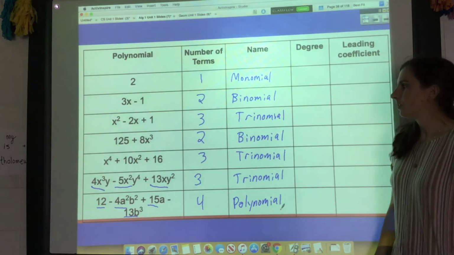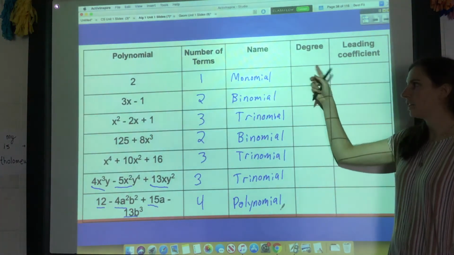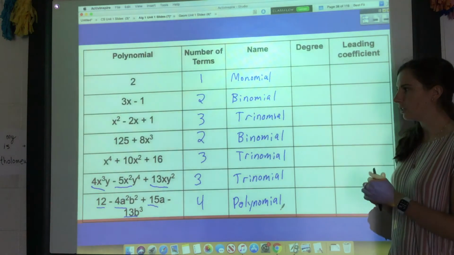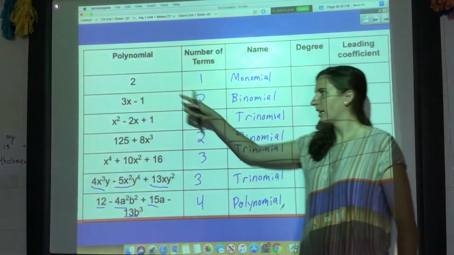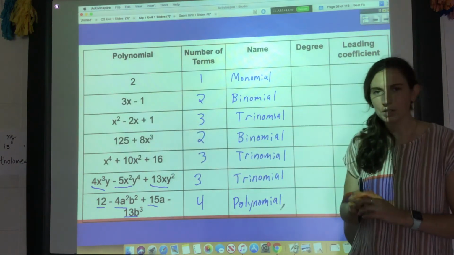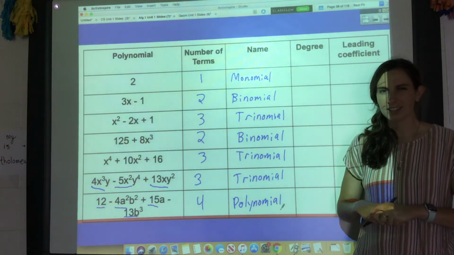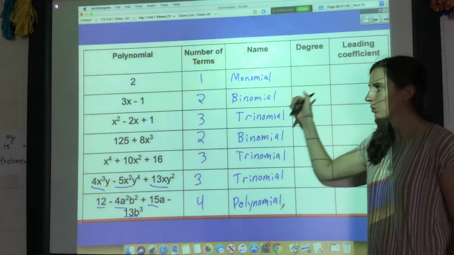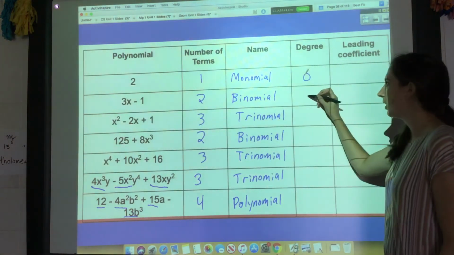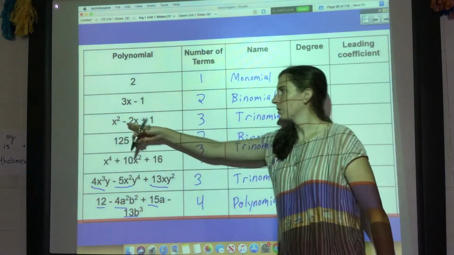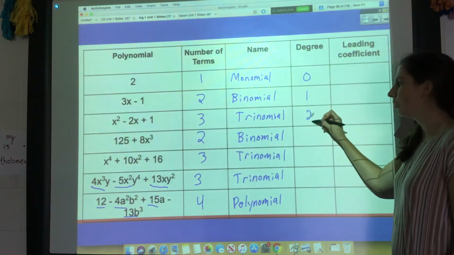All right, now we're going to talk about something called degree. So what I'm going to do is I'm going to list the degree of some of these and see if you can figure out where this is coming from. This first one has degree 0. The second one has degree 1. This one has degree 2.